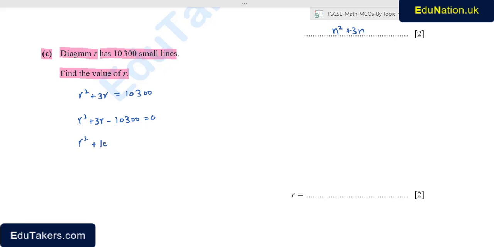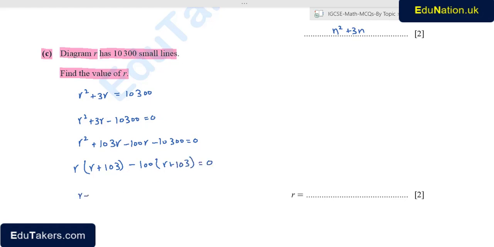By factorizing, r square plus 103r minus 100r minus 10,300 equals 0. Taking r as common, r plus 103, minus 100 as common, so r plus 103 equals 0.